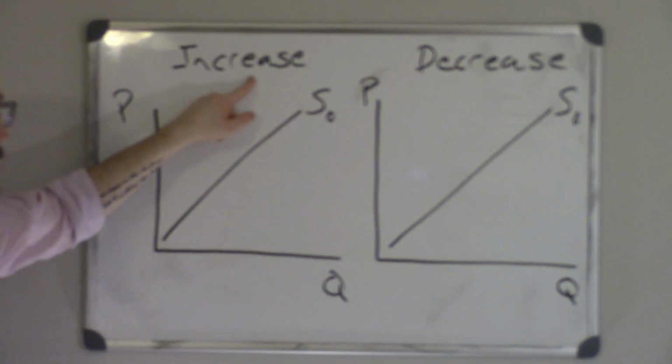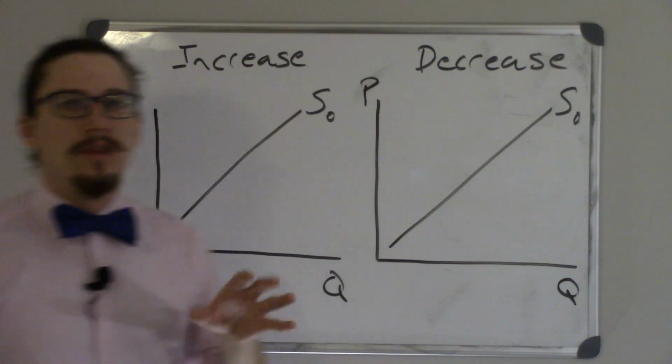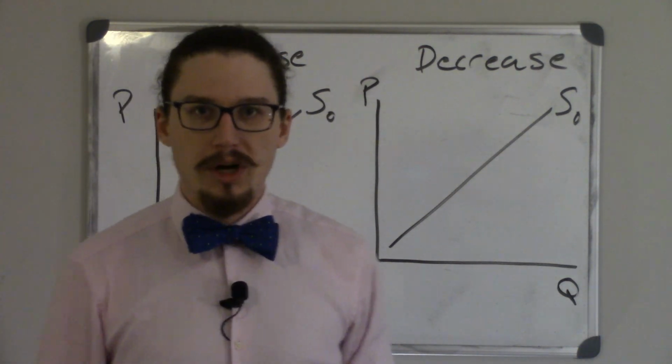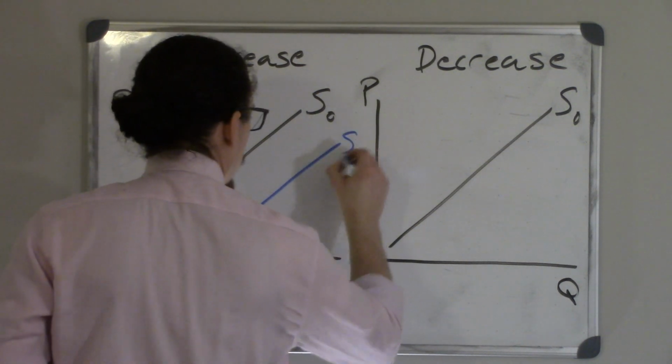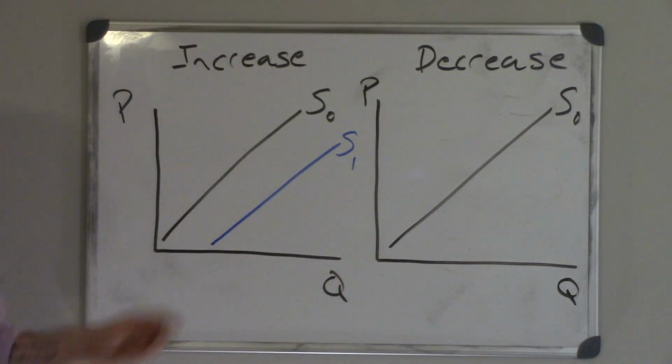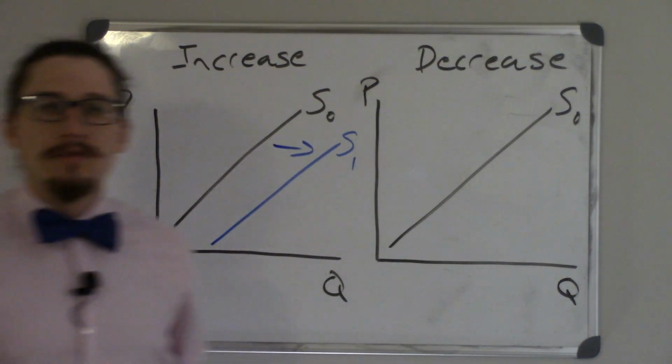And so some students want to say, well, if we're increasing supply, we need to move the supply curve up. However, that's the exact opposite of what we want to do. When we increase supply, we want to shift the curve to the right.